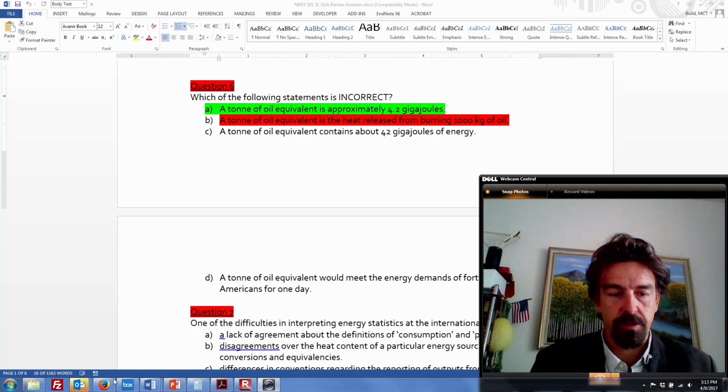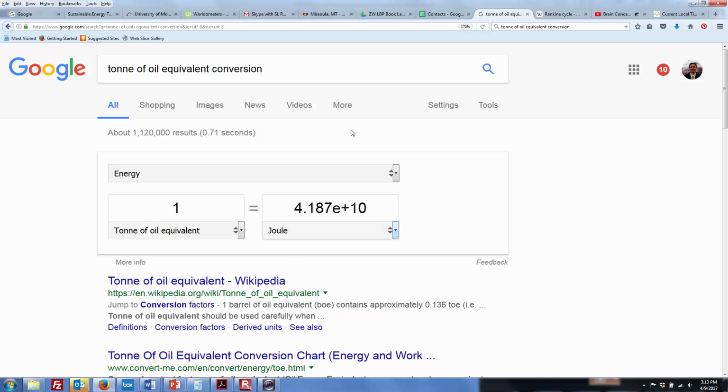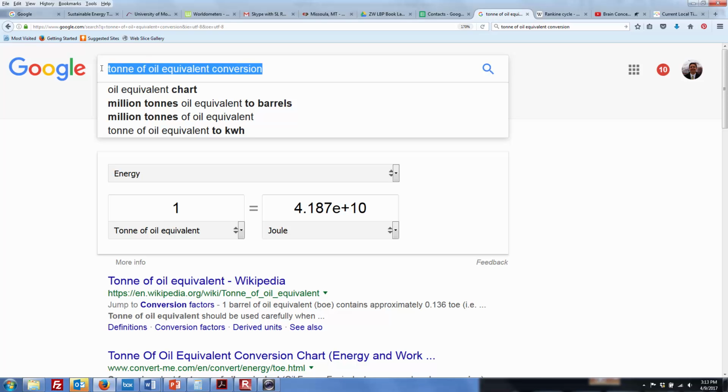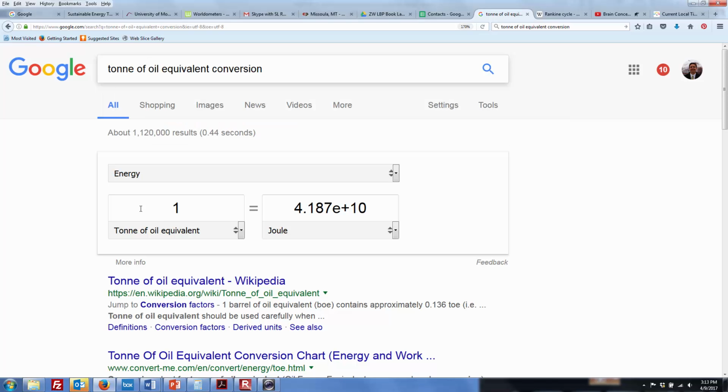Okay, so if we go here, 1 ton, so we're going to go to 1 ton of oil equivalent conversion. All right, so 1 ton of oil equivalent equals 4.187 times 10 to the 10th joules.